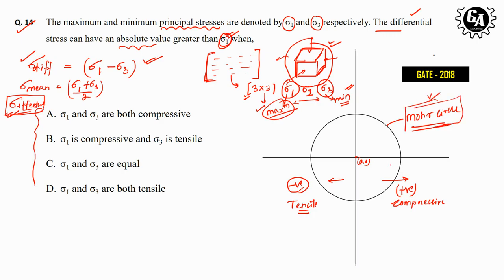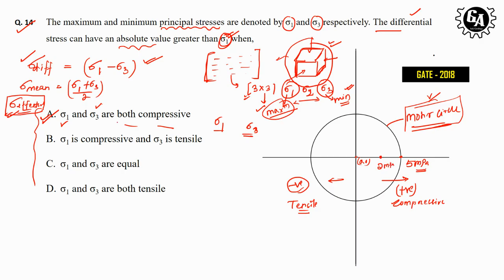Now let us consider case 1. We will take sigma 1 and sigma 3 values. Here, sigma 1 and sigma 3 are both compressive, which means they will have positive values. Let us consider sigma 1 to be 5 MPa, megapascal, which is the unit of stress, and let sigma 3 be 2 MPa.